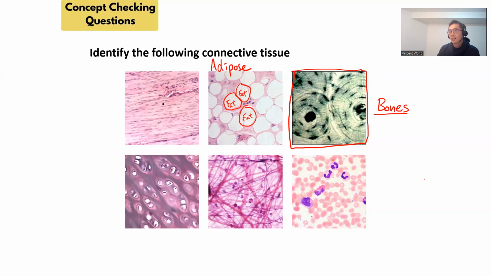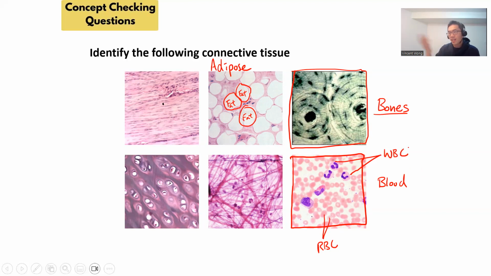How about this one? Okay. This one is blood. All these red ones, they are red blood cells. The purple guys are white blood cells. They are purple because we stained them purple. Normally they're just transparent.